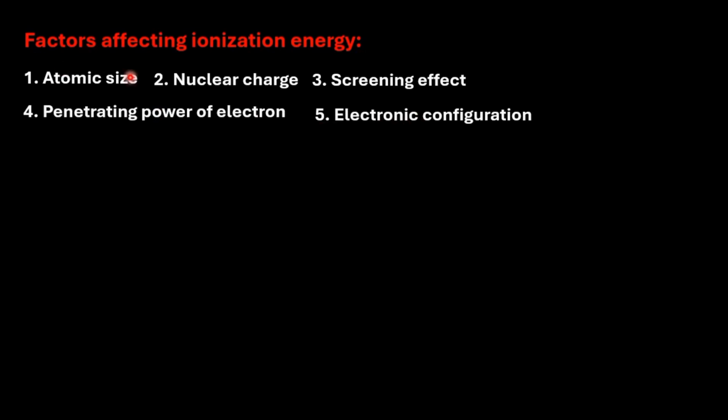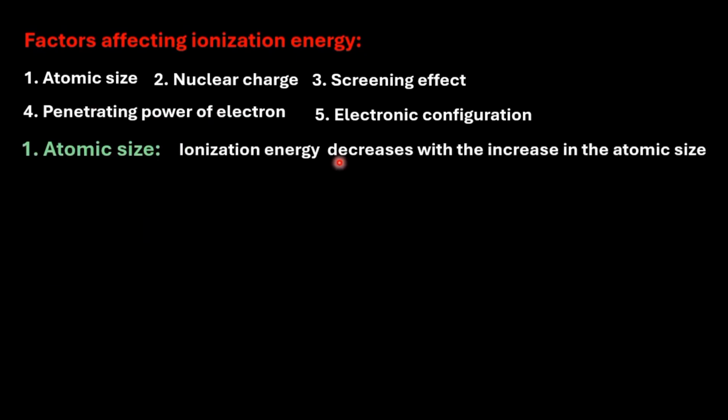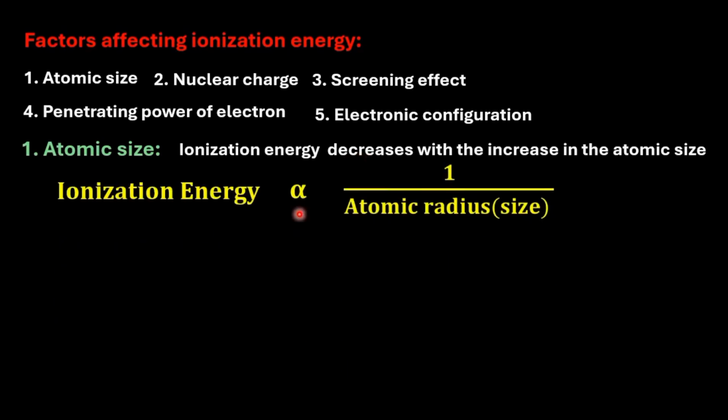If any of these properties is discussed in the exam as changing the ionization enthalpy, we have to understand it. In atomic size, ionization enthalpy decreases with increase in atomic size. That means ionization energy is inversely proportional to atomic radius.